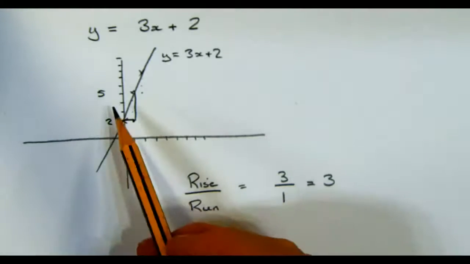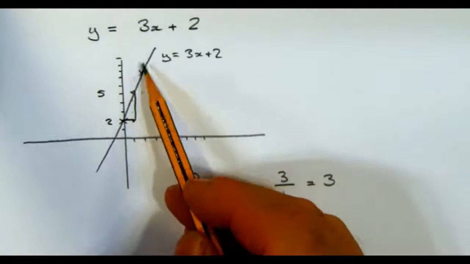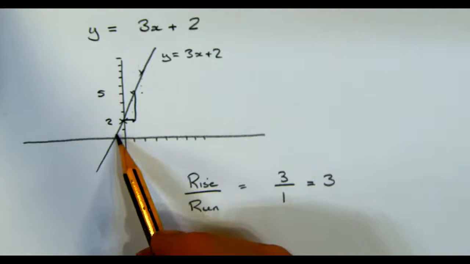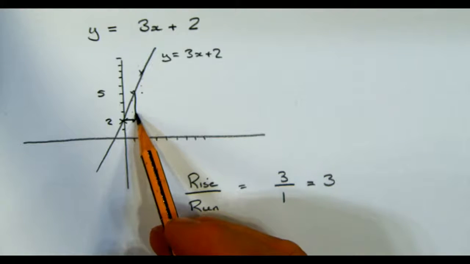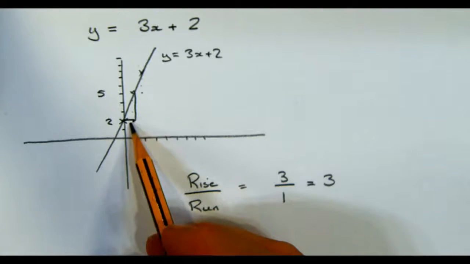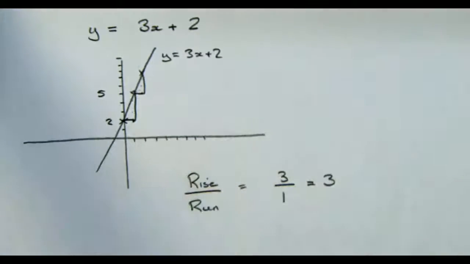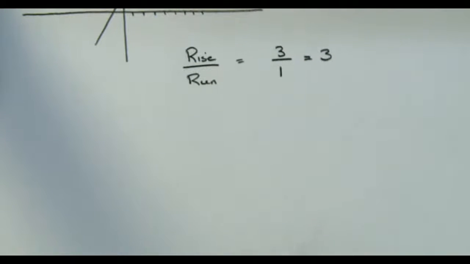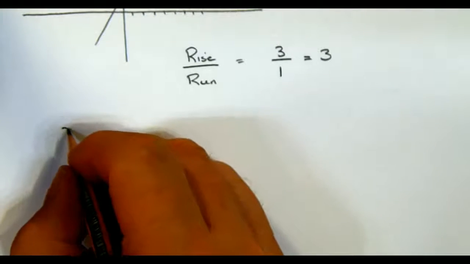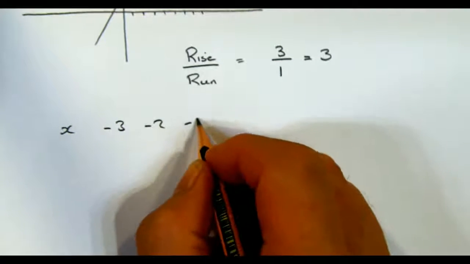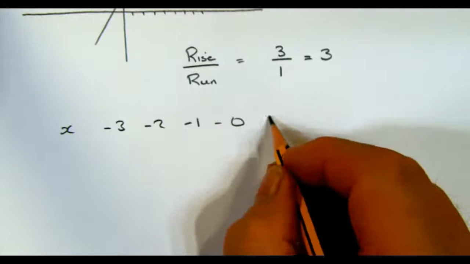No matter which points we choose, the value of the gradient is always going to be the same. It's always going to be 3. And that's the feature of a straight line. If we look at the values of this, let's take our values of x from -3 to +3.